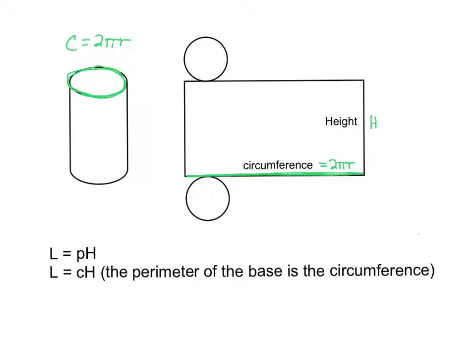the rectangle here. So for my formula, instead of taking the perimeter times the height, I'm going to take the circumference times the height. And I'm actually going to take that a little step further because the circumference is 2 pi r, and then I need to multiply it times the height. So let's look at our formula.